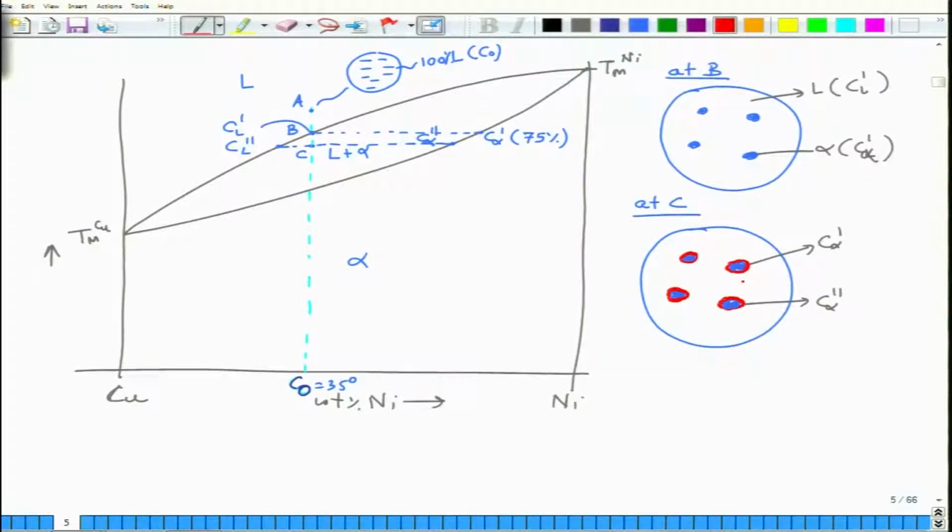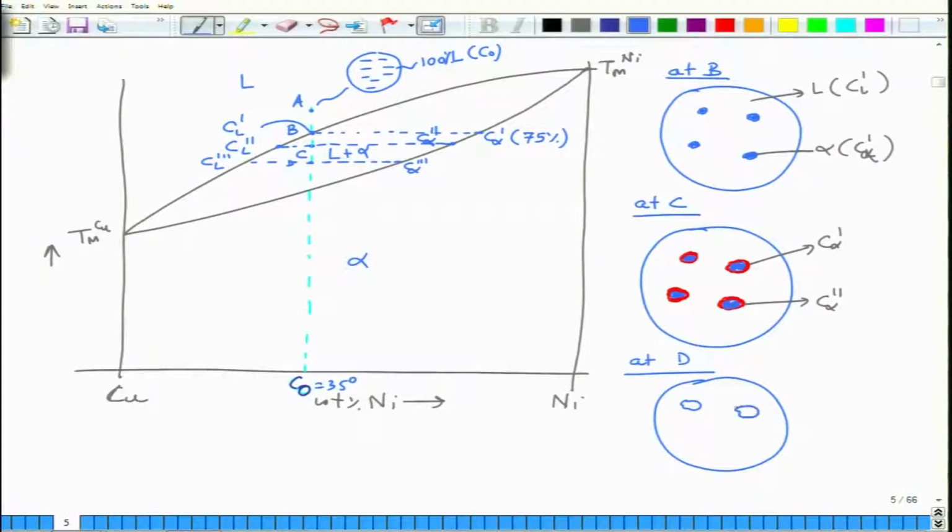Okay. When you come to point D, again the newly formed alpha is of composition C alpha triple prime. So again at point D, within this microstructure, of course this alpha would have grown. I am just drawing it very schematically.